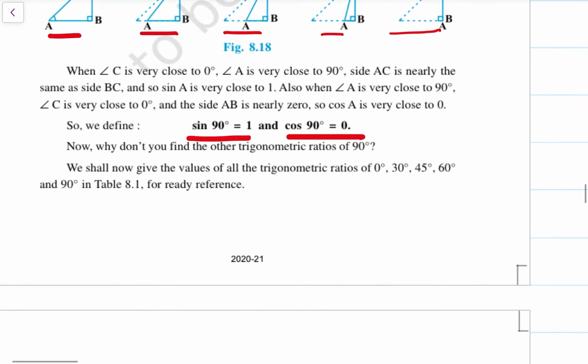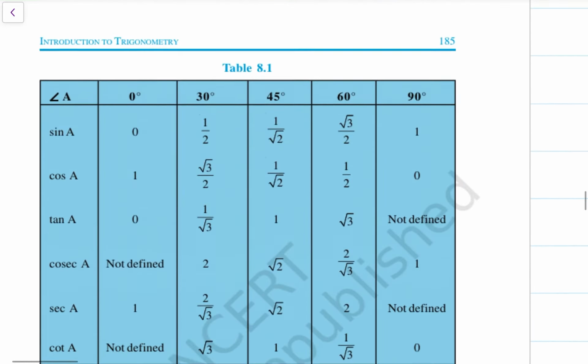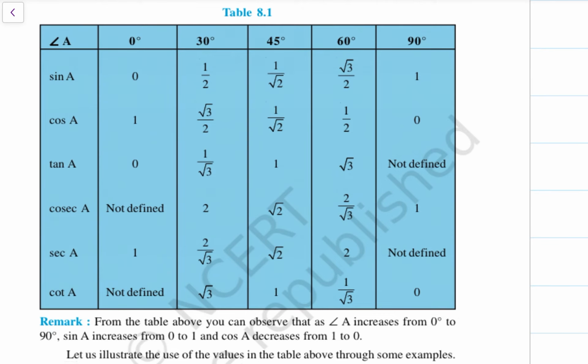Yes, definitely. We shall now give the values of trigonometric ratios for 0, 30, 45, 60 and 90 degrees in Table 8.1 for ready reference. Can you see that here? Here we can see sin A, where A is 0, 30, 45, 60 and 90: 0, 1 by 2, 1 by root 2, root 3 by 2 and 1.